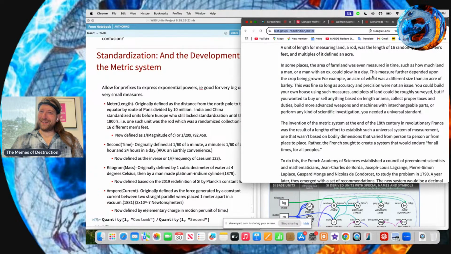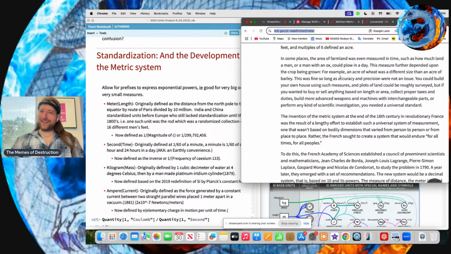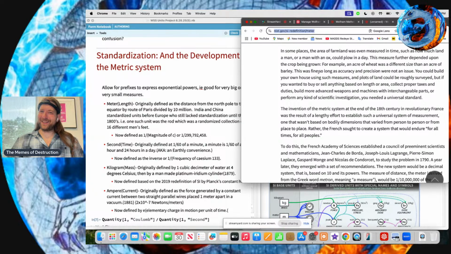A man could plow in a day. This measure was further dependent upon the crop being grown: wheat, different sizes of an acre of barley. This was fine so long as accuracy and precision were not an issue. Okay.